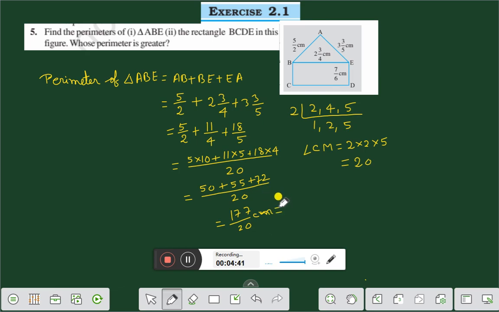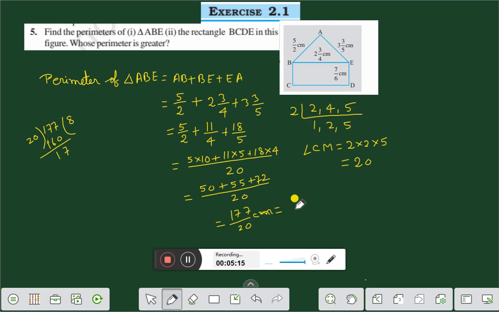Now 177, the numerator, is greater, therefore we have to divide 177 by 20. If we divide 177 by 20, we are getting 8, 8 twenties are 160, 177 minus 160 is 17.